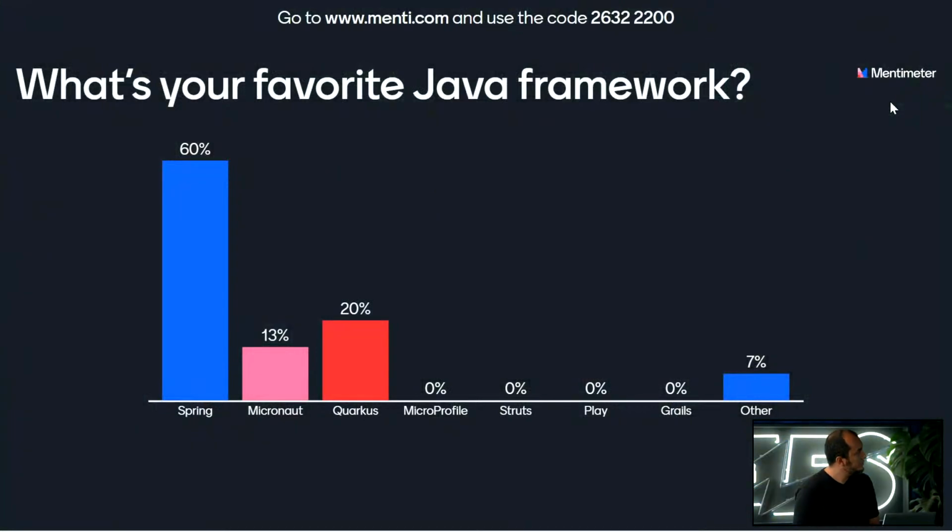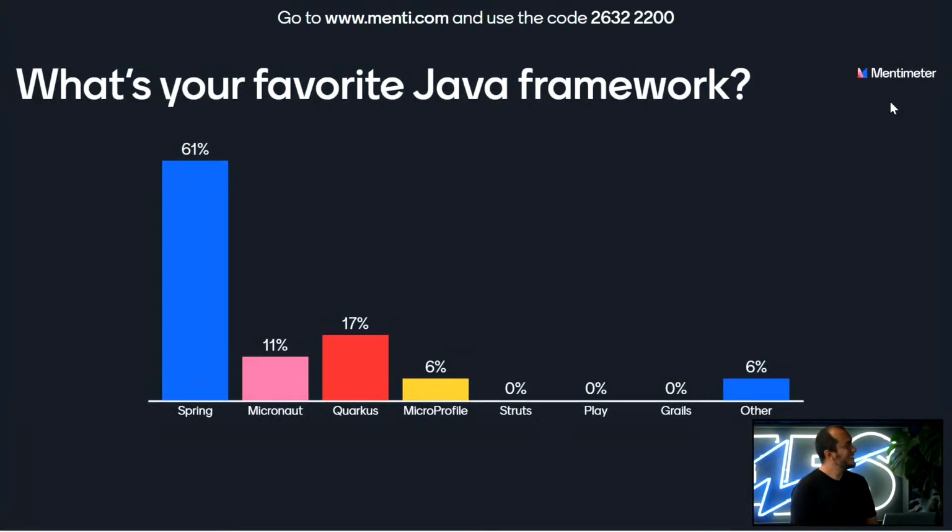As expected, Spring is the biggest one here. Ten people answered, more people. Microprofile, nice. So we have some answers already. Spring is the most lovable one, so let's see what's going to happen in this fight.